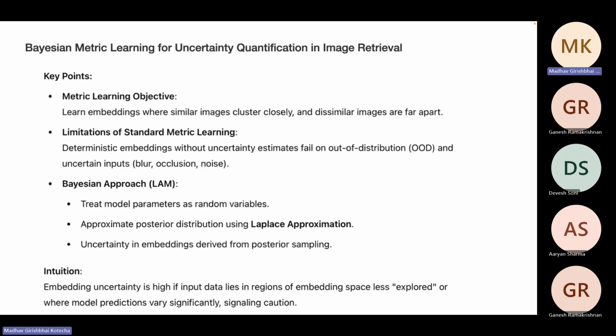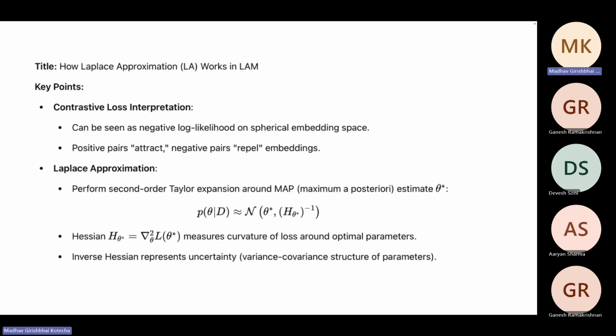I would also like to introduce a paper that is Bayesian. This is just an introduction. It is not an optimization paper, but a Bayesian paper for uncertainty quantification. The basic intuition behind it is that whenever we feed an image to some neural network, it gets some parameters in it.